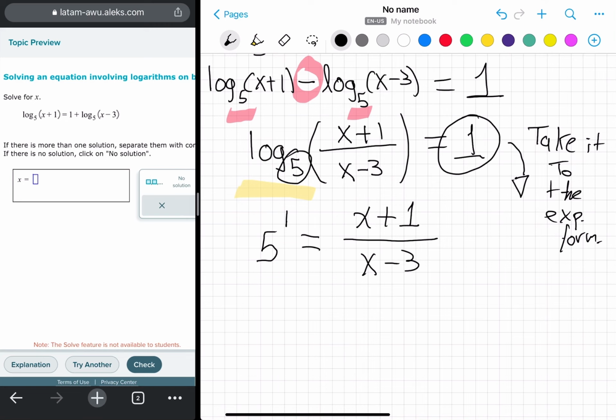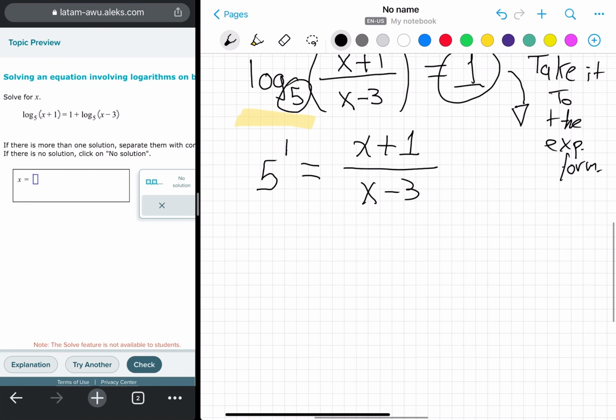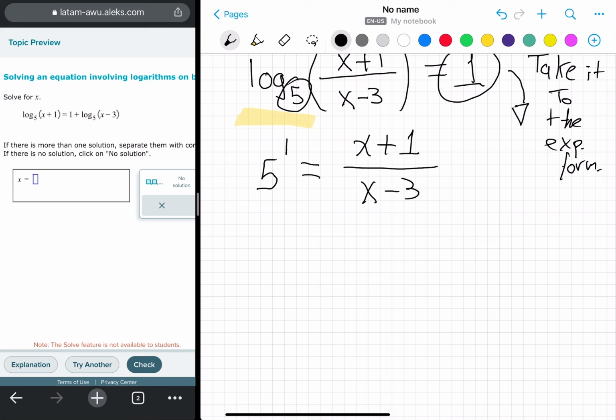So it's a little bit easier, right? This just comes down to a regular rational equation. And you've done this before in previous models, so this shouldn't be no problem for you. How do you do that? Well, first you want to take the denominator to the left side. How do I do that?